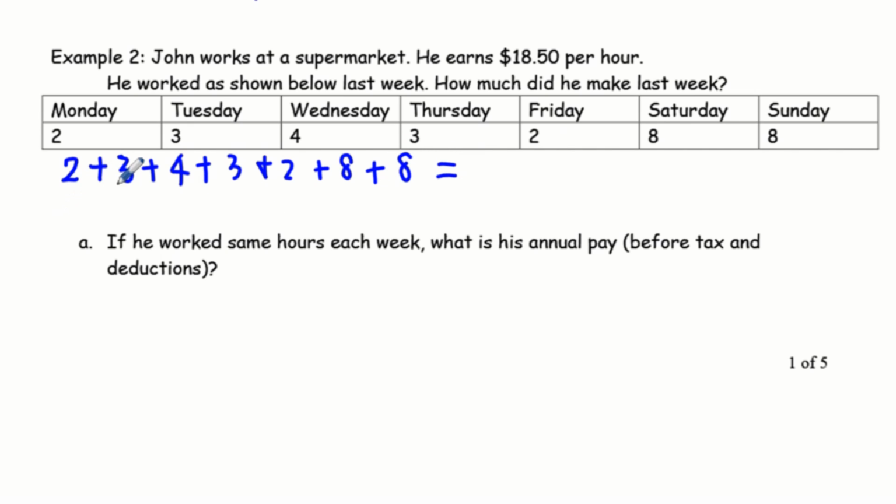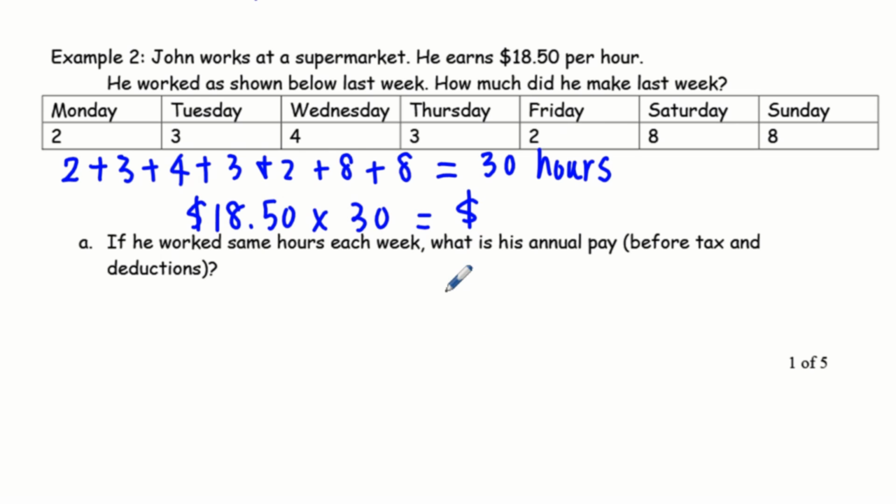So we 5, 9, 14 is 30 hours. Then the unit price, the hourly pay is $18.50. Then times number of hours is 30. Then you will be able to get the total earnings. That is $555.